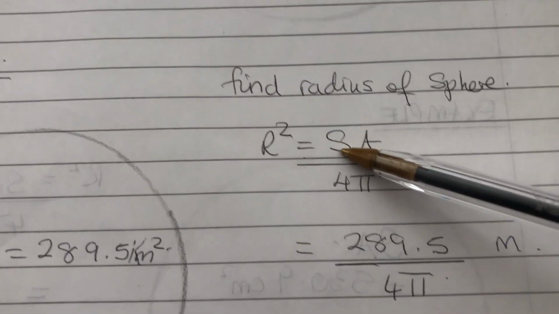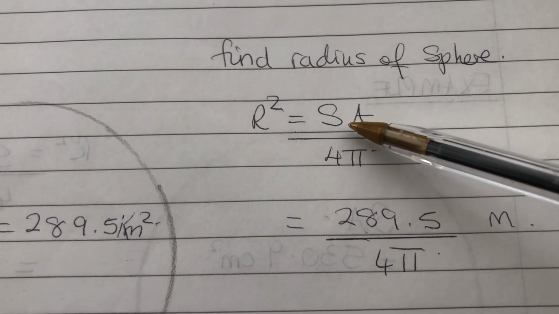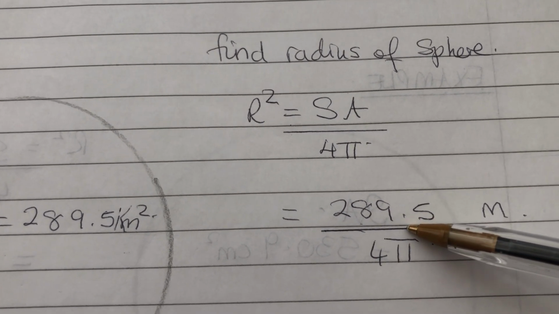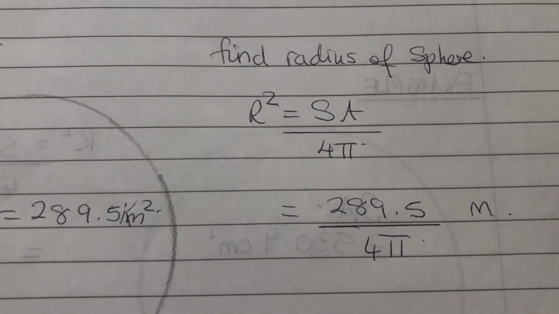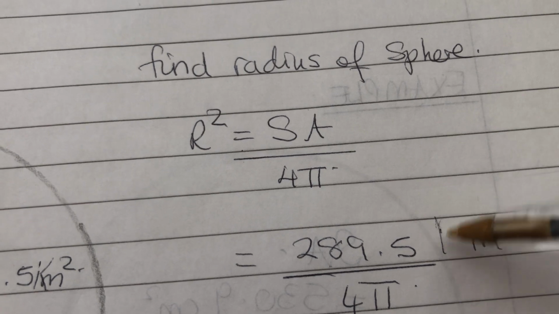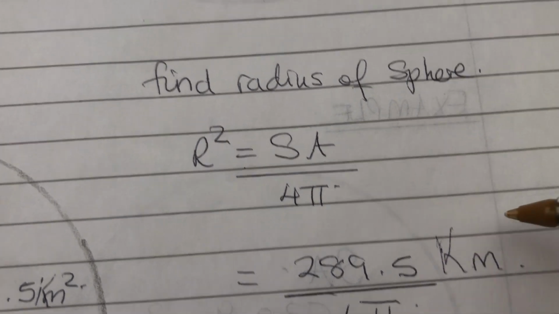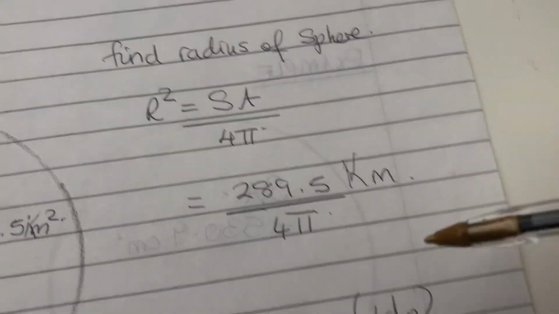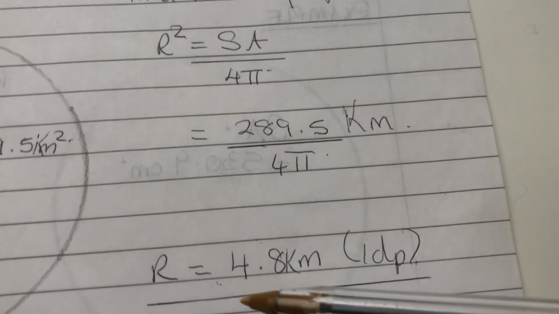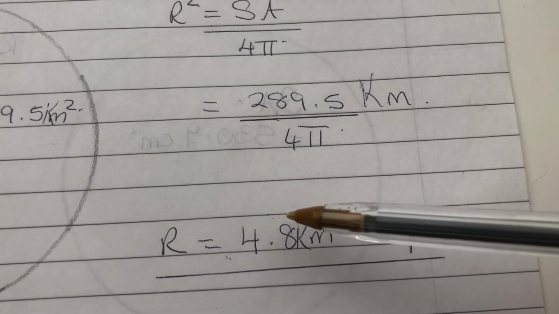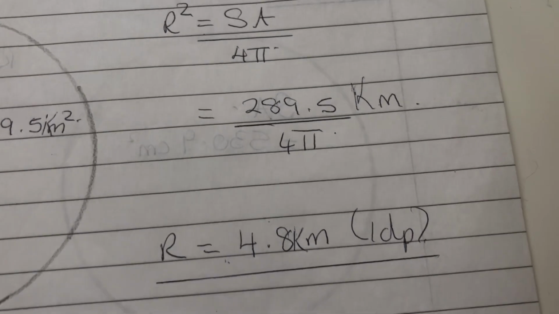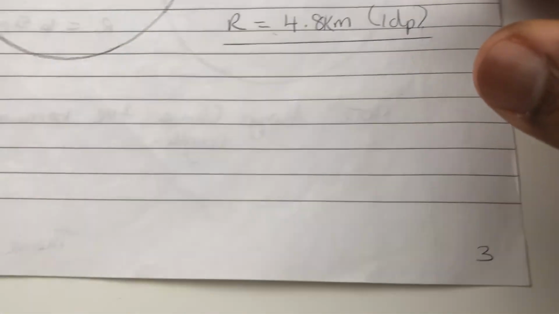So radius now here is 289.5 kilometers, not meters. Okay, there's a big difference between meters and kilometers. When you do it right on the calculator, it's 4.8 kilometers to 1 decimal place.